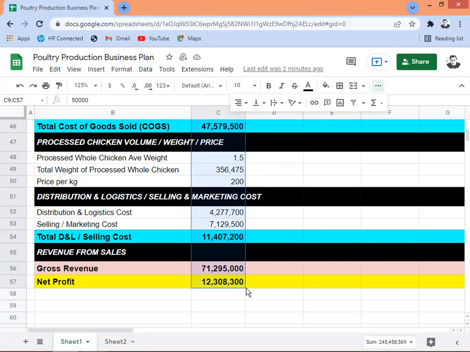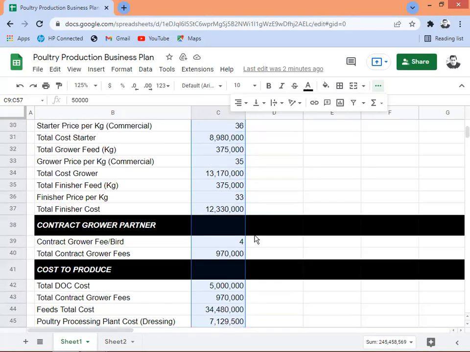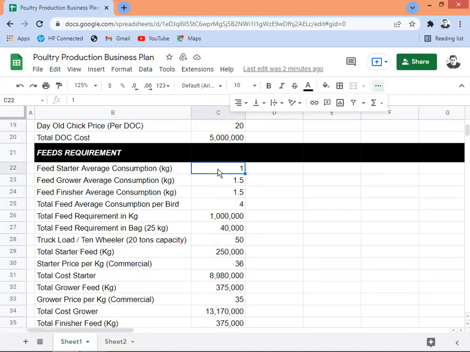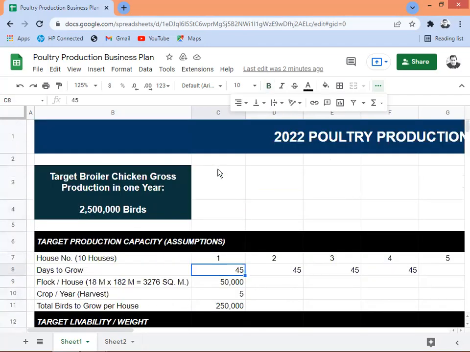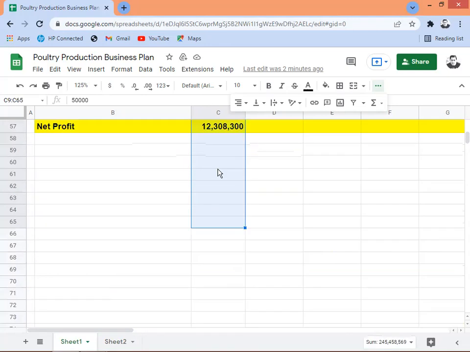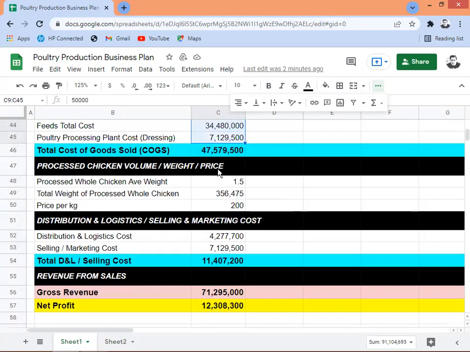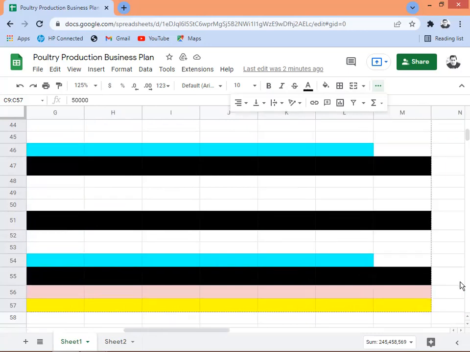How am I going to drag it? Sometimes I make mistakes. Sorry about that. Okay, and just drag it to the right.